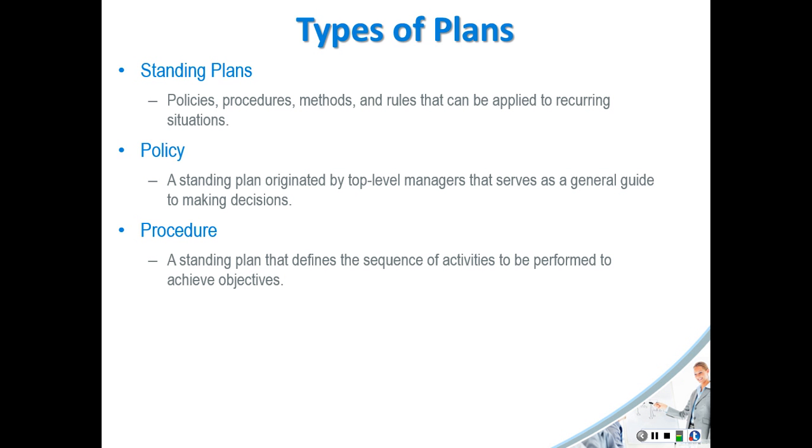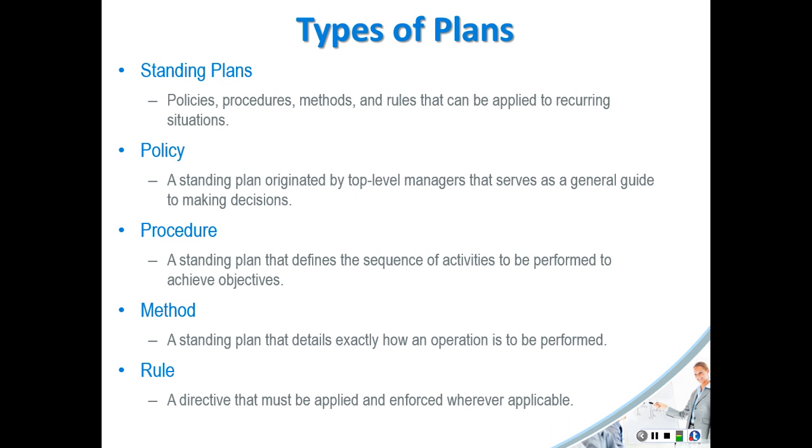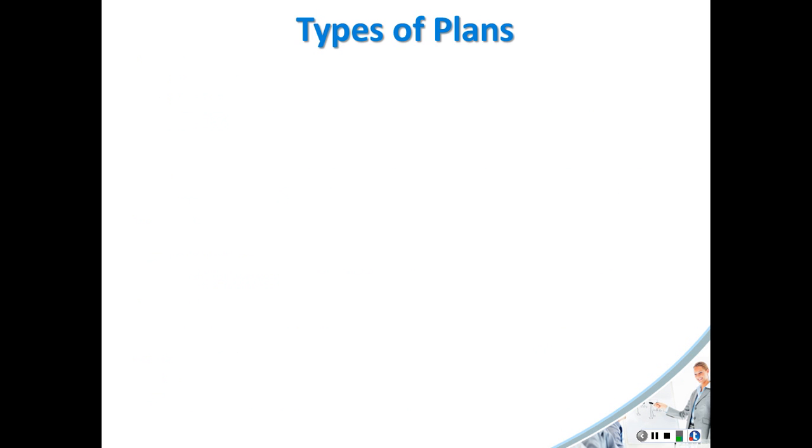This is the way we do certain things, and this is how we obtain these objectives by following this method. A method is a standing plan that details exactly how an operation is to be performed. And a rule is a directive that has to be applied and enforced. Somebody's late a lot, they're breaking the rule, you have to enforce it.